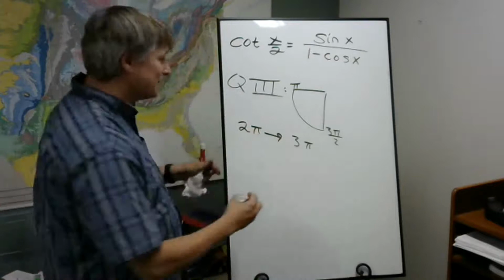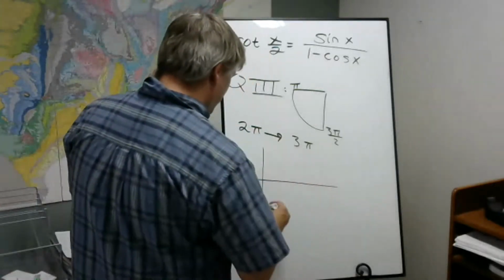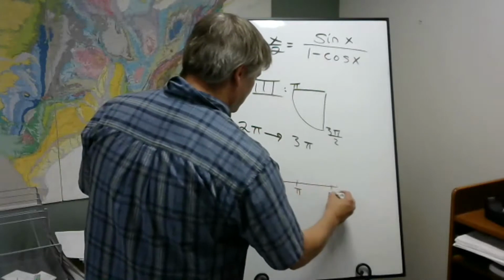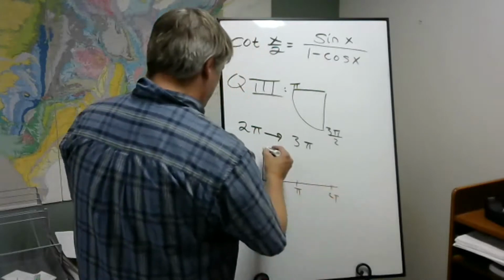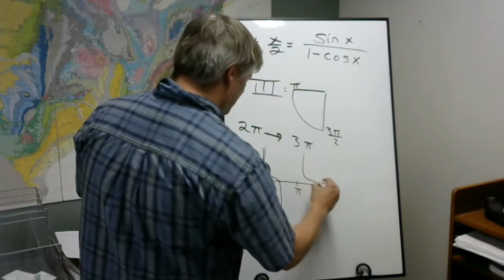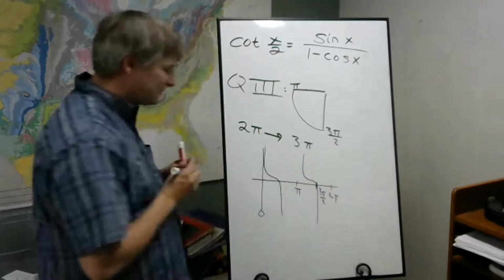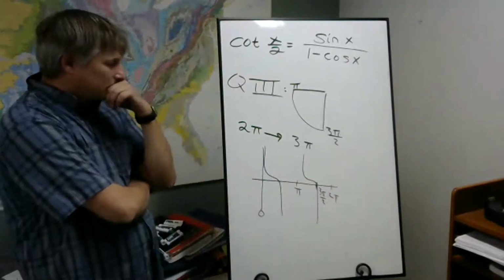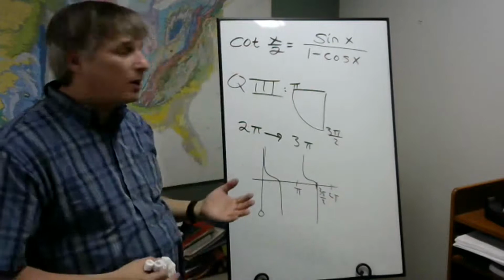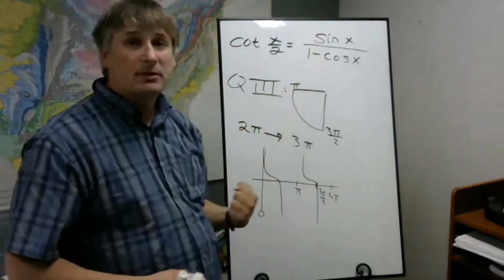A little bit of analysis here. If you think of the graph of cotangent, there's 0, pi, 2 pi. Cotangent is something like this. This is 3 pi over 2. So if we have this angle somewhere in the third quadrant, it's going to be positive. This would also be positive.